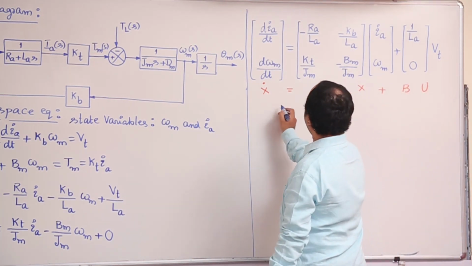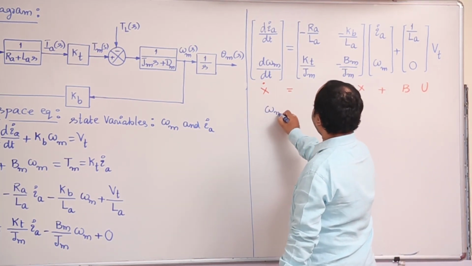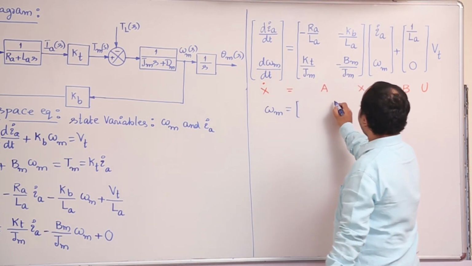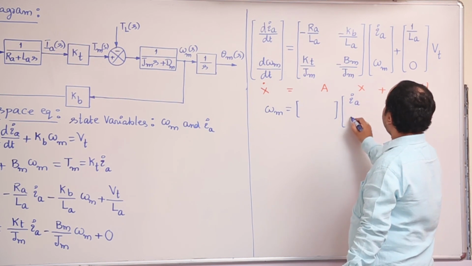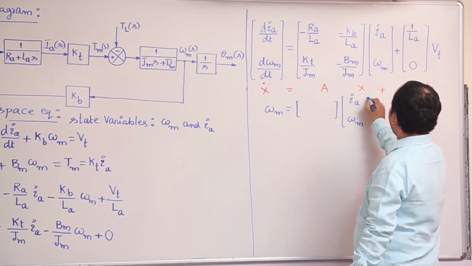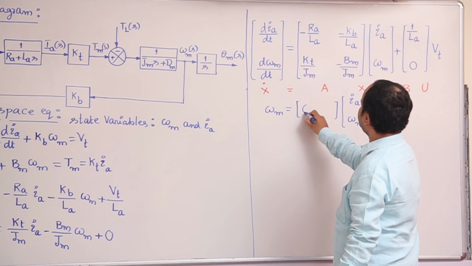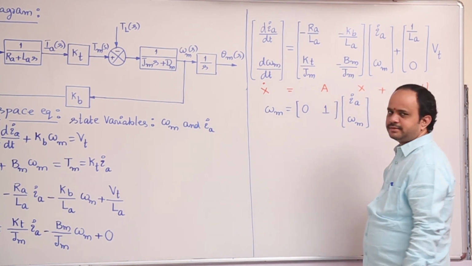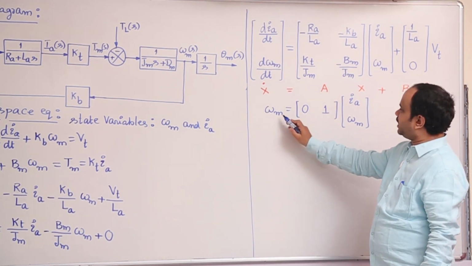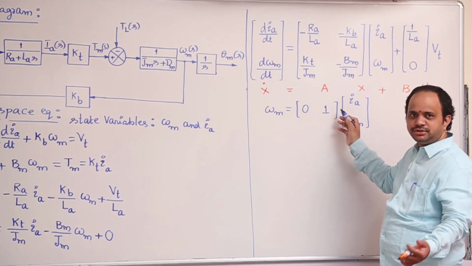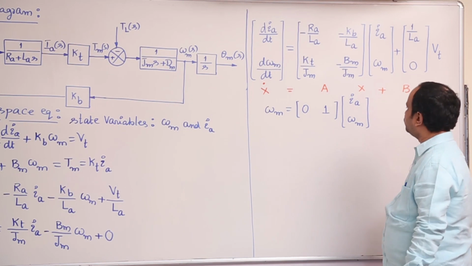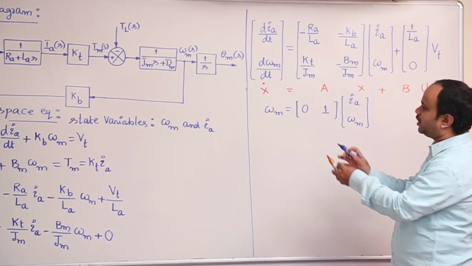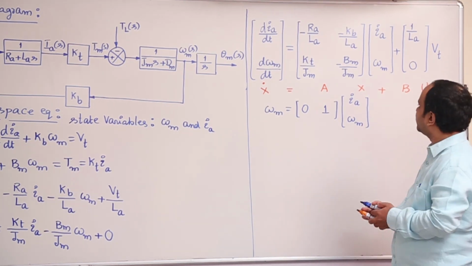Therefore, here omega m can be expressed in terms of state variables like this: omega m is equal to 0 into ia plus 1 into omega m. So omega m is equal to omega m. We have not considered any disturbance input here.